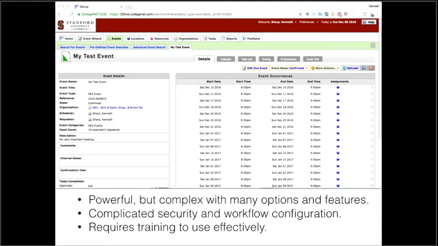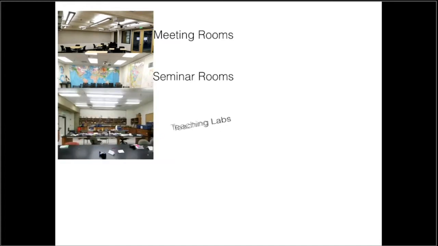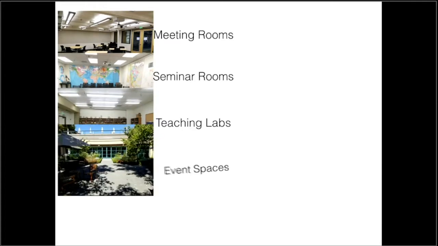There are also complicated security and workflow configurations that make it hard to meet some of the specific requirements that we had for our departments. So we're dealing with 5 different types of rooms and vehicles.